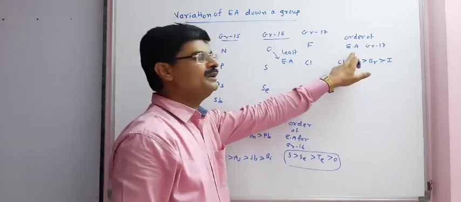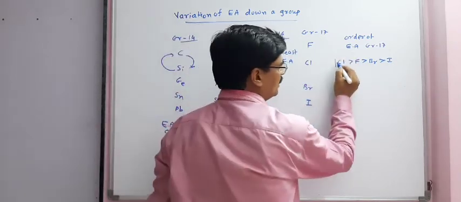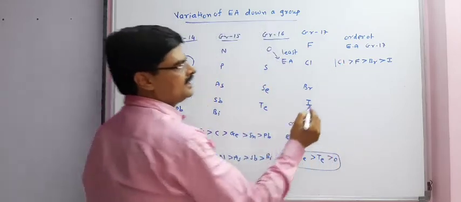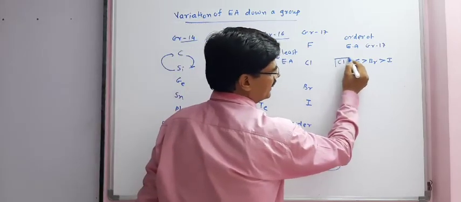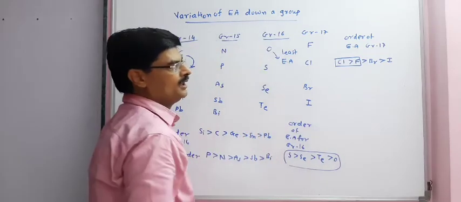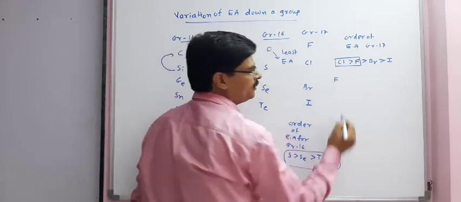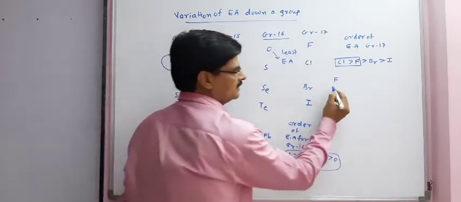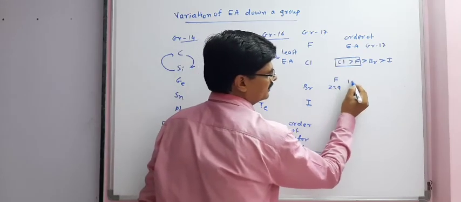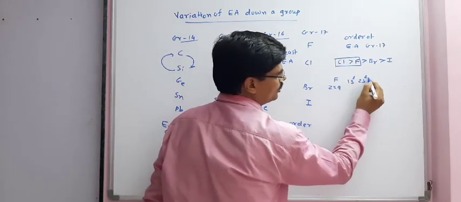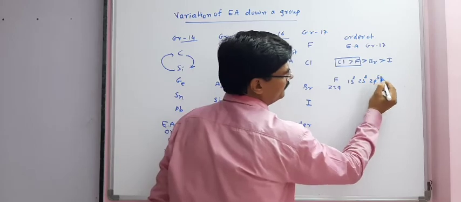Now for group number 17 or for any group, general trend is changed because of, let us understand for chlorine and fluorine. Electronic configuration of fluorine is Z equal to 9, 1s2, 2s2 and 2p5.